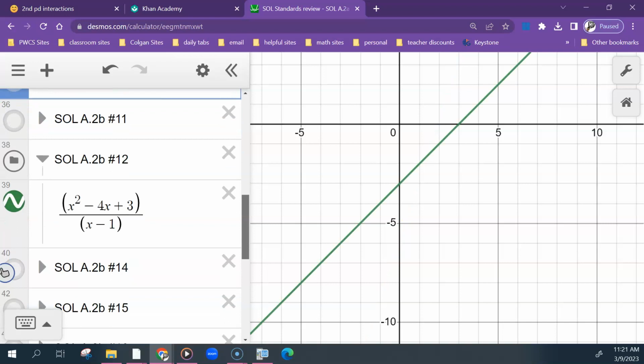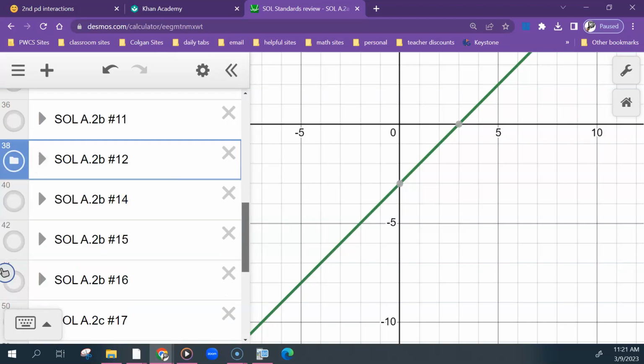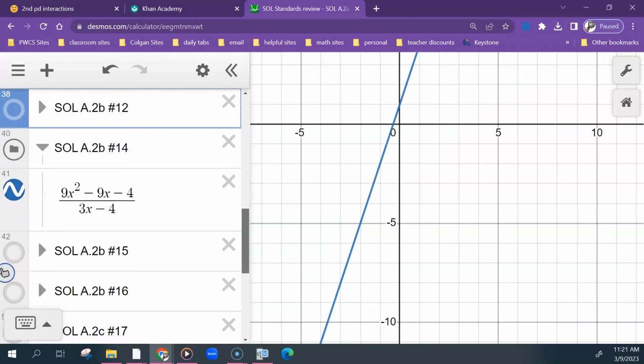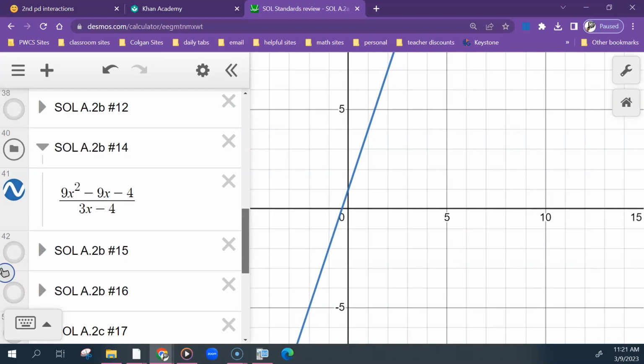Same thing with 12. Y-intercept was at -3, slope is 1, so x minus 3. And then same thing with 14. The slope here was 3, so 3x plus 1.